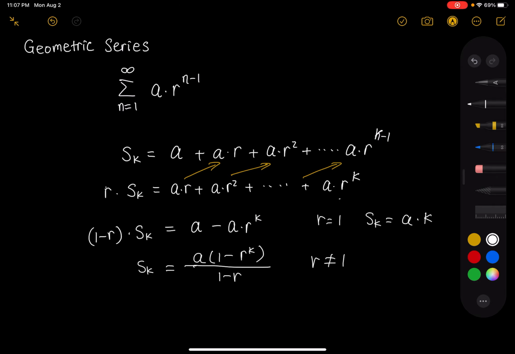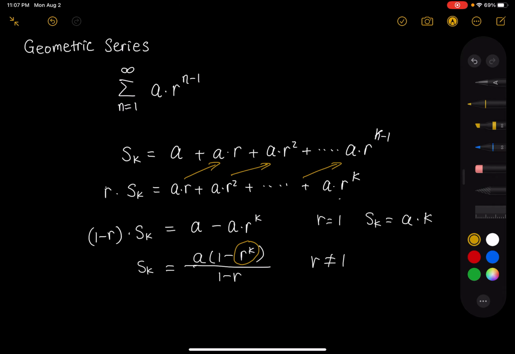But for the general case, when r is not equal to 1, r can be greater than 1, r can be less than 1, r can be negative. So how do we discuss the convergence? We have to focus on this term, because only here does k going to infinity affect what number you get.